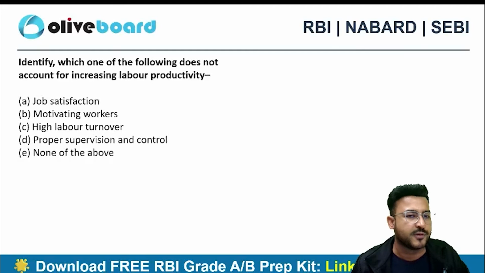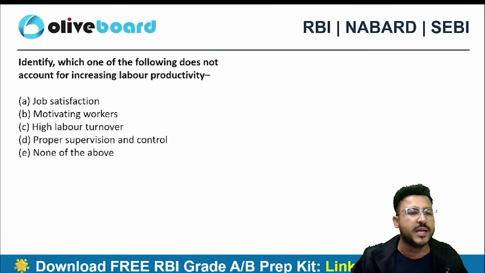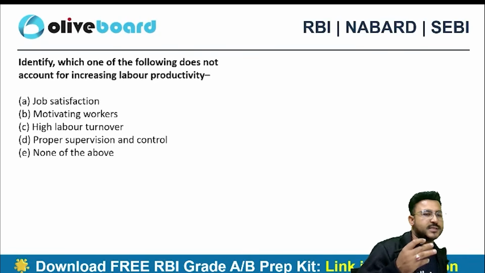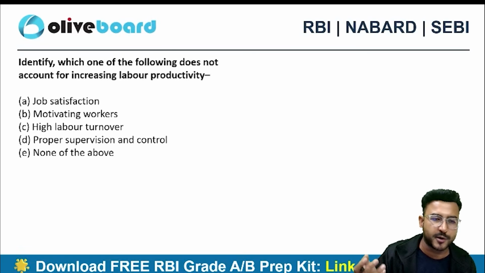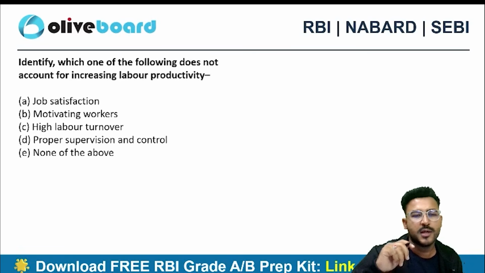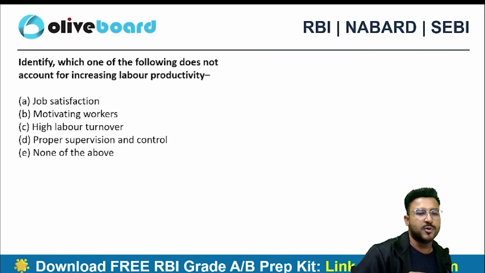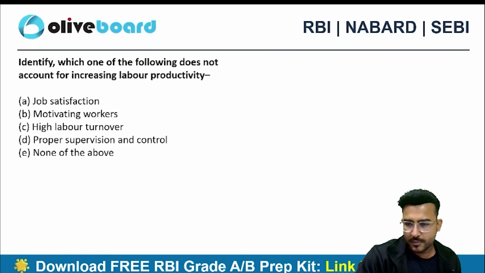Identify which one of the following does not account for increasing the labor productivity. Which of the following does not account for increasing the labor productivity: job satisfaction, motivating workers, high labor turnover, proper supervision and control, or none of the above?